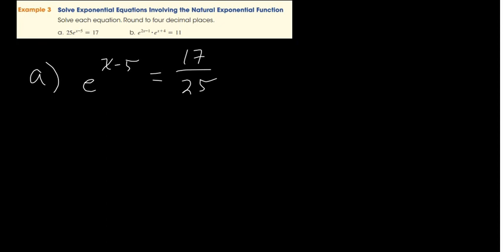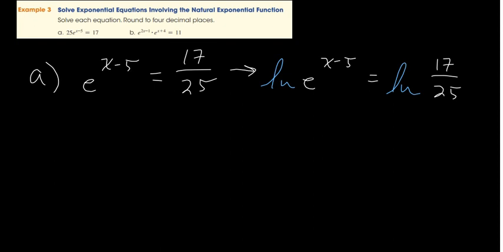So again, we're going to take the natural log of both sides. Let's go ahead and put that on this line up here. And then of course we're going to do our power rule. We're going to take this and put it out in front. So we're going to have x minus 5 natural log of e, and that's going to be equal to the natural log of 17 over 25.